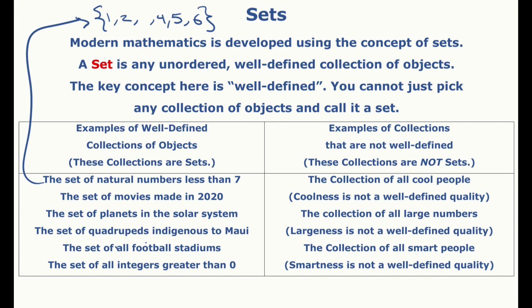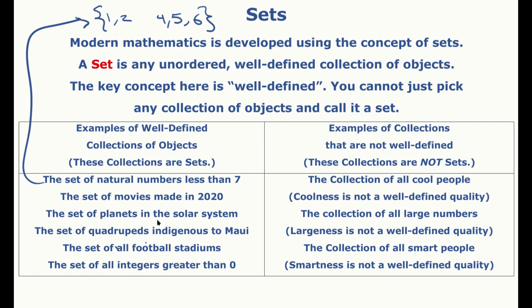Notice that that will be a much larger set, but nevertheless it is still a finite set, because after all there were a finite number of movies made in 2020. It will be a much larger set because many movies are made within a year on this planet, but nevertheless a finite set and well defined. We know exactly what we are dealing with.